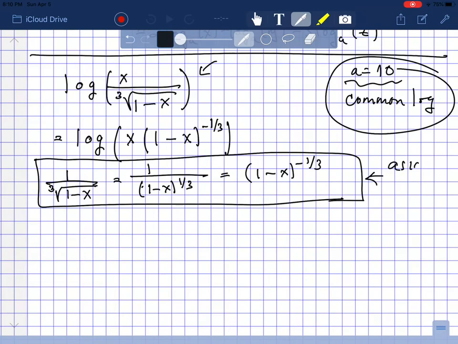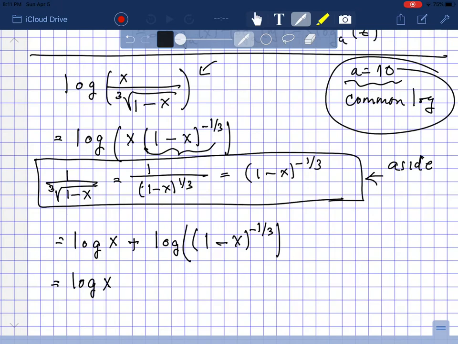So this was a little bit of computation that's kind of an aside. And now let's look at this. So here I have the product of x with this expression here. So I can write this as the log base 10 of x plus the log base 10 of 1 minus x to the minus 1/3 power.